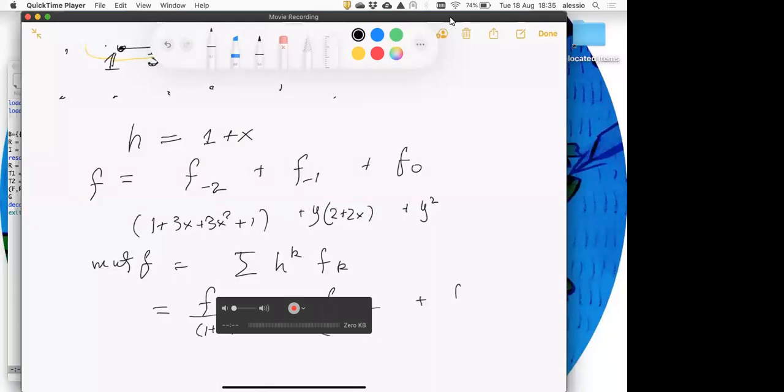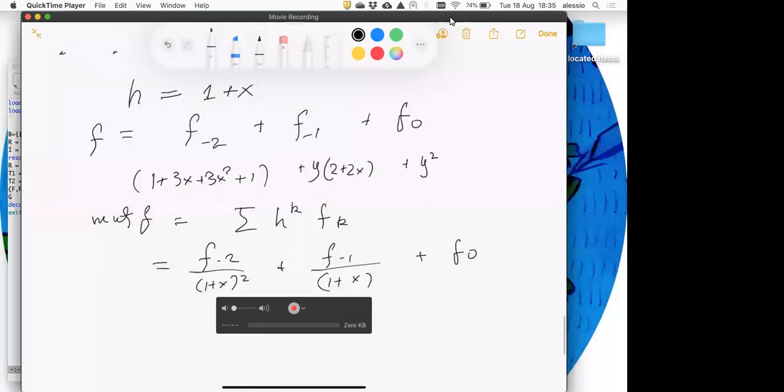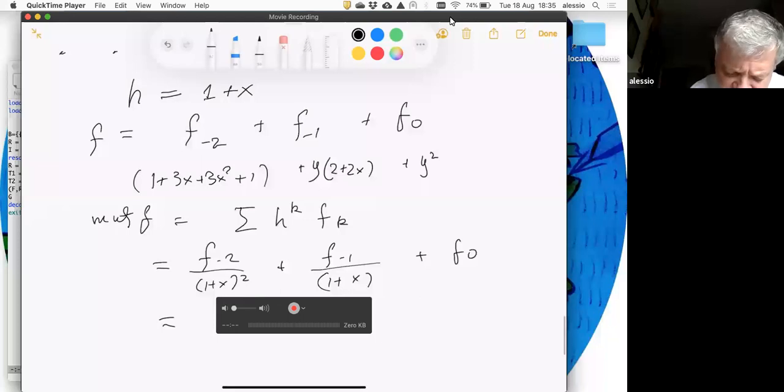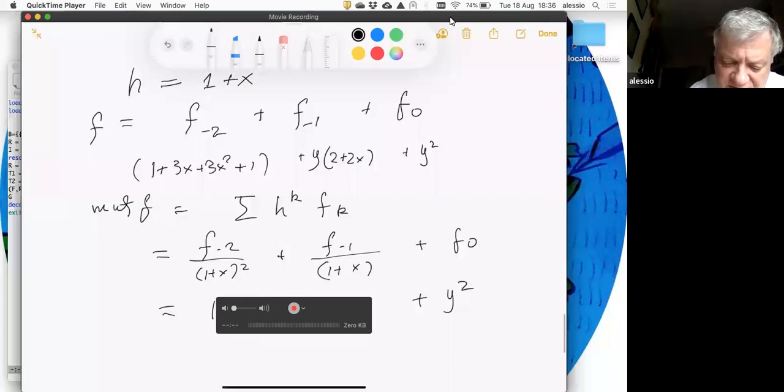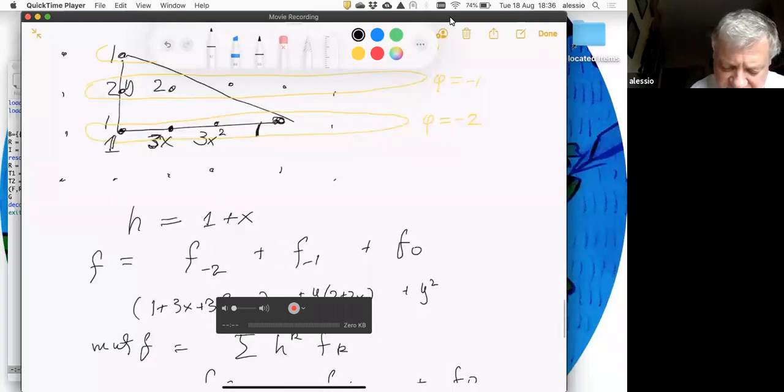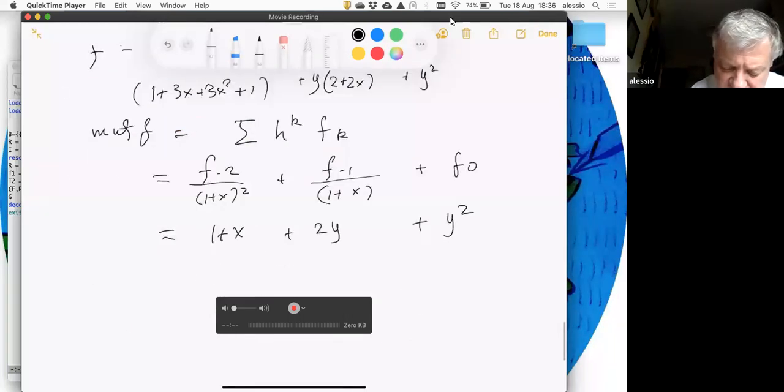And so what is that? (1 plus 3x plus 3x squared plus x cubed) divided by (1 plus x) squared is just 1 plus x. And then that's 2y, and then nothing happens there, plus y squared. Okay, so this is mutable, and the mutated polynomial I represent like this.